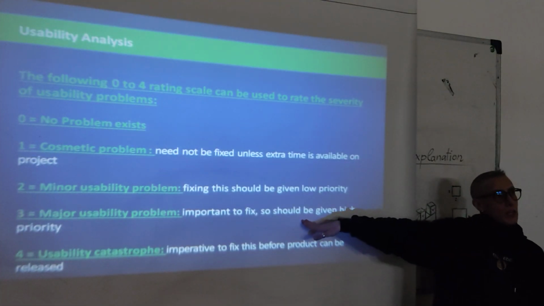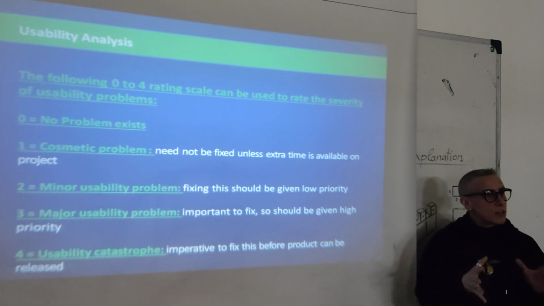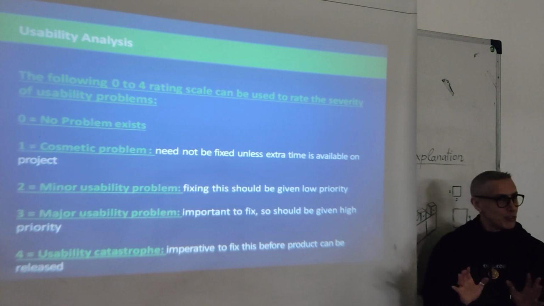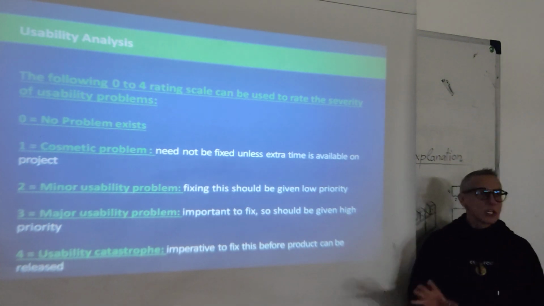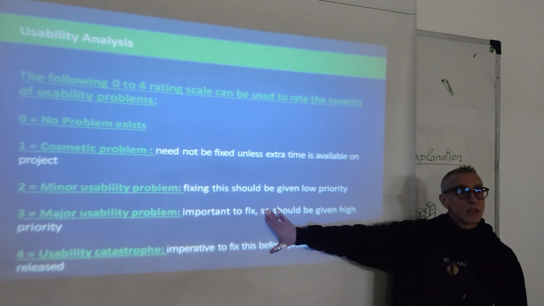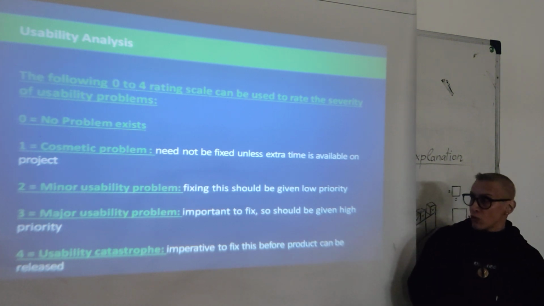It must be fixed. Number 3 and number 4 mean there are serious problems in the design. 4 is, of course, a catastrophic issue. So, number 3 and number 4 are crucial to be fixed. No user should be allowed to use a product if it has problems of this type. So these are major issues.